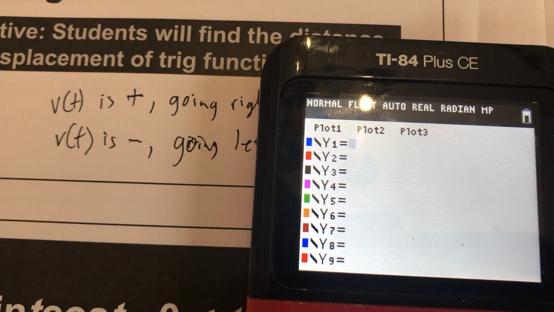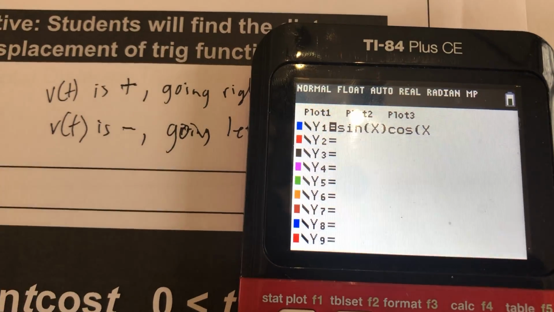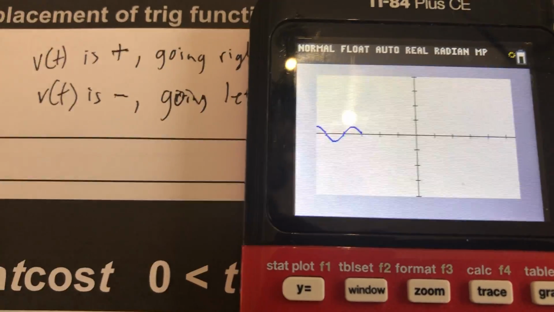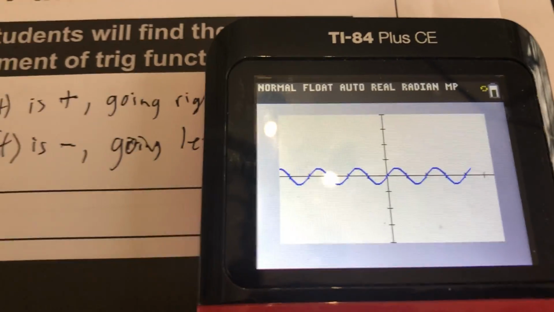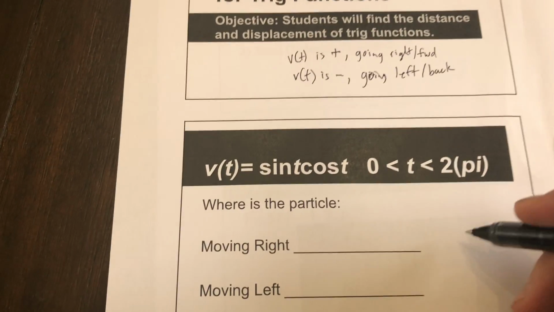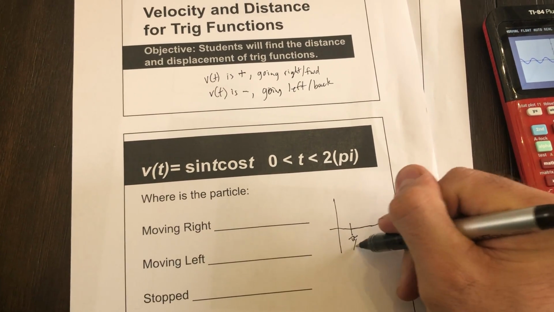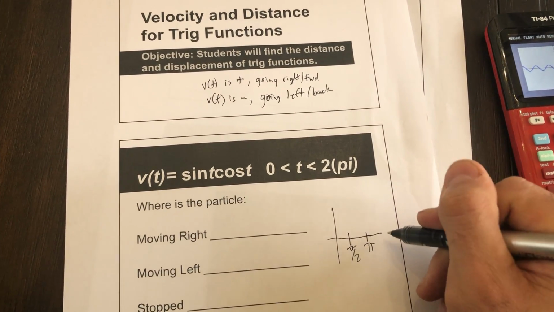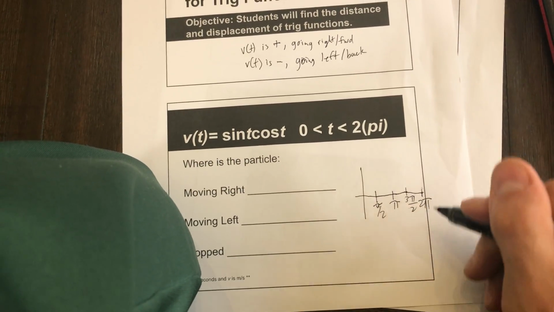So we're going to put in sine of t in the parenthesis, cosine of t in the parenthesis, and hit graph. And if you have zoom trig on, it will look like this. And we're only concerned with this graph between 0 and 2 pi. So I'm going to sketch that on my paper here. So we have pi over 2, pi, 3 pi over 2, and then that would be 2 pi.